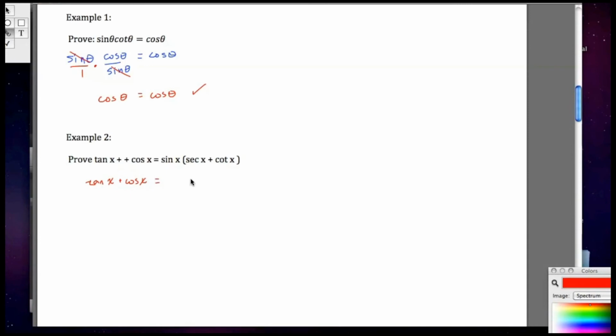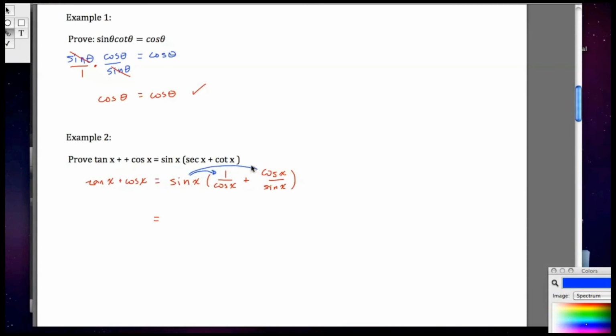Now, what I'm going to do first, I am going to try to convert everything over here to sines and cosines. So let's see how I do this. Leave this as sine x. Secant x is 1 over cosine of x. And cotangent, we remember from up here, was cosine theta, or cosine of x, over sine of x. And what I'm going to do next is I'm just going to distribute. Okay, so I'll use a different color here to denote this.